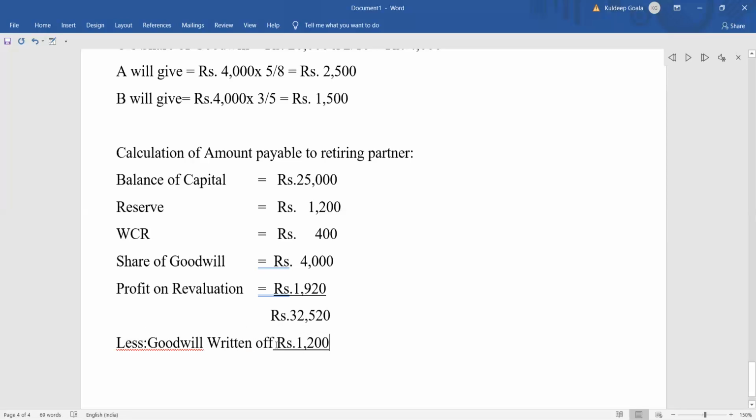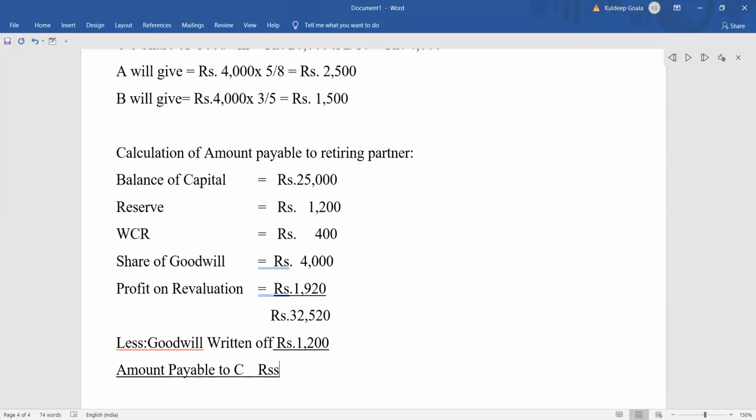1,200. So now what we will do? We'll just deduct this particular amount and we will get the amount payable to C, isn't it? Whatever the amount will be payable to C. So what is the amount payable to C?